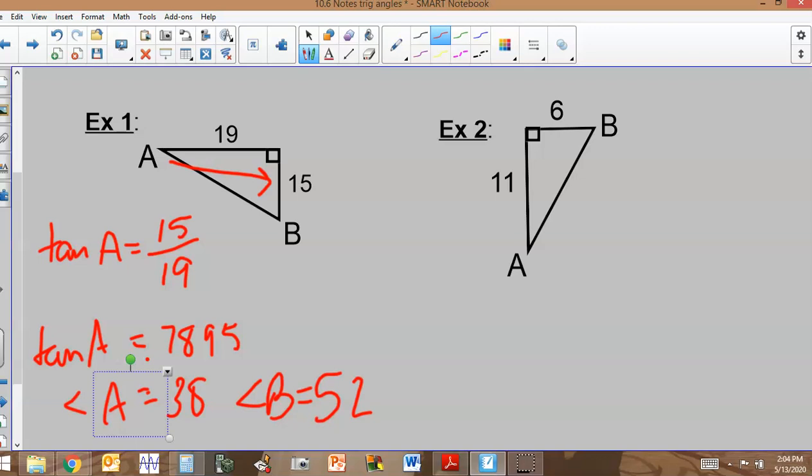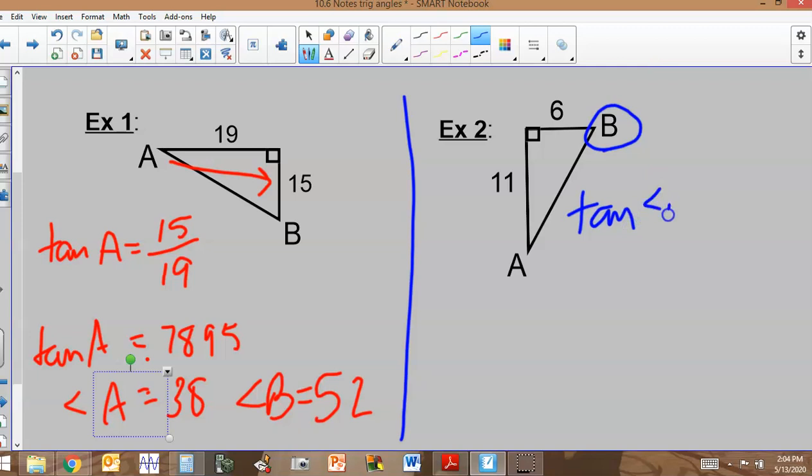Good job. Okay, so I'm going to move on to number 2 here. And it doesn't matter which angle I solve for first, either A or B. I'll just go ahead and do B first this time. So the tangent of angle B equals, what's opposite to B? 11 over 6.